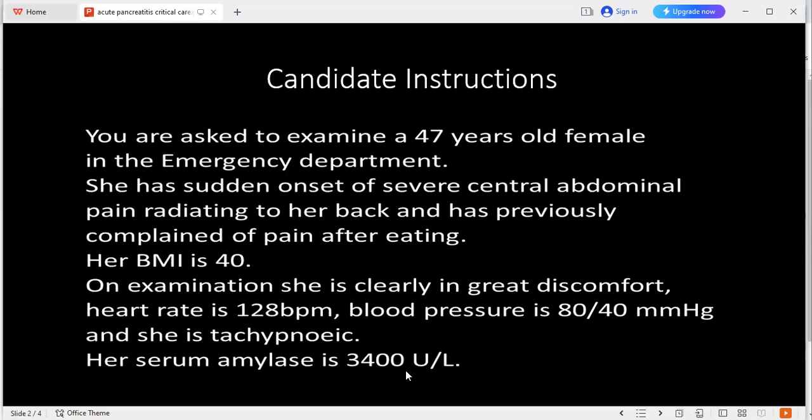Then you do the blood test, serum amylase will be raised. If you do the ultrasound, you'll see the accumulation near the lesser sac. So most likely this is pseudocyst, not acute pancreatitis, right?